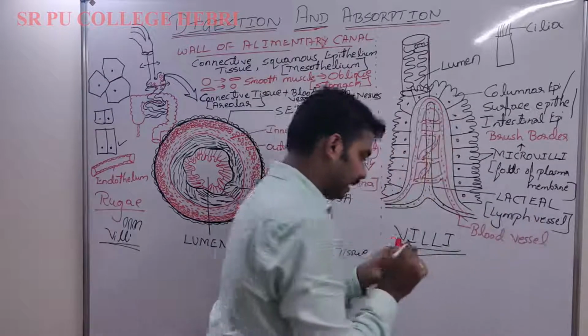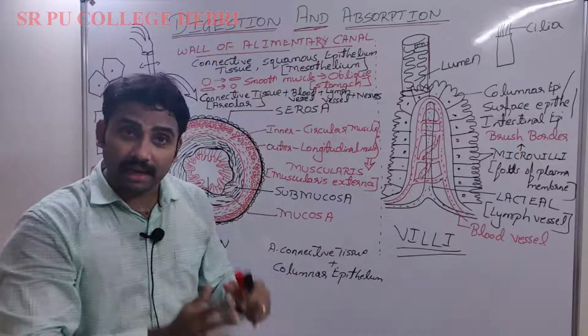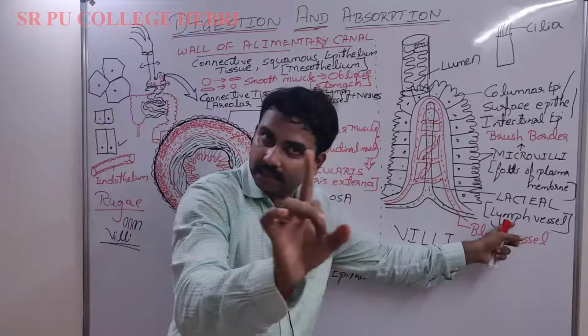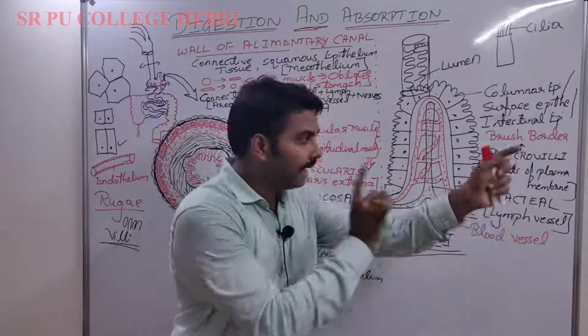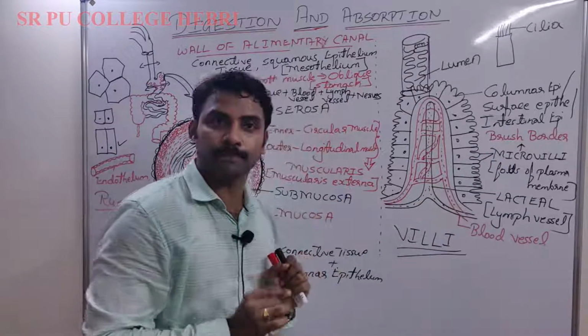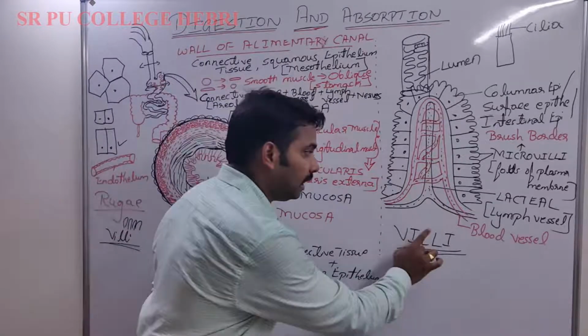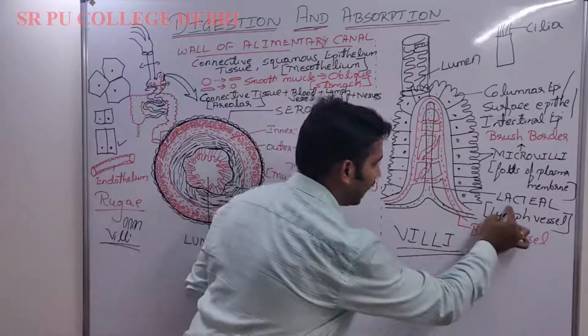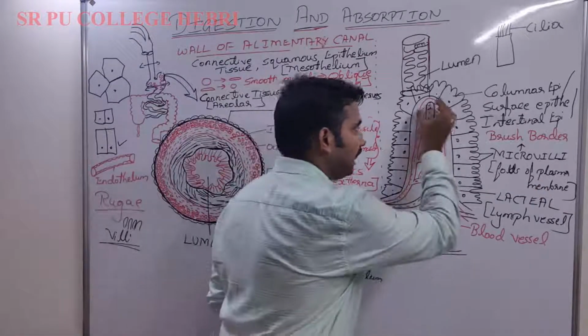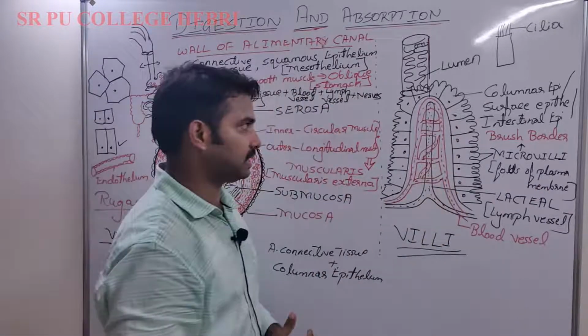That lymph vessel is called lacteal. In my leg also there is a lymph vessel. Can I call that vessel lacteal? No. My hand has a lymph vessel, can I call it lacteal? No. One mark question: what will you call the lymph vessel of the villi? Your answer is lacteal. You will also find a large number of blood vessels.